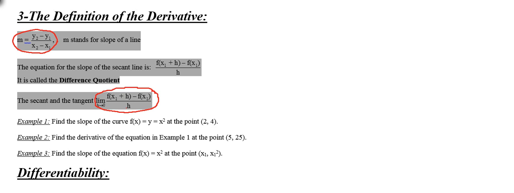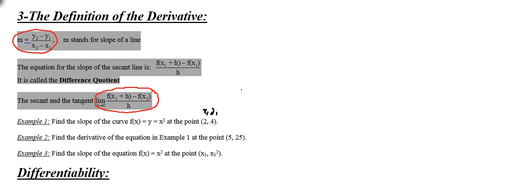Example 1. Find the slope of the curve y equals f of x equals x squared at the point (2, 4), right? What do we mean by that? This means x1 equals 2 and y1 equals 4, which is f of 2, which is 2 squared.